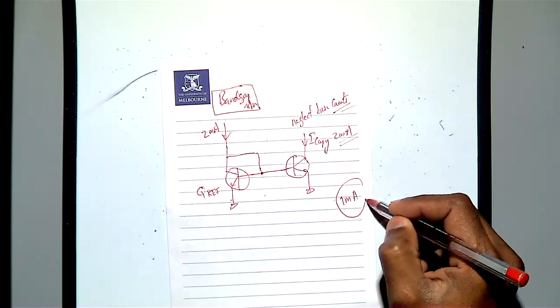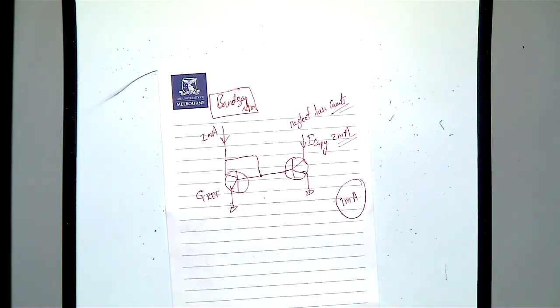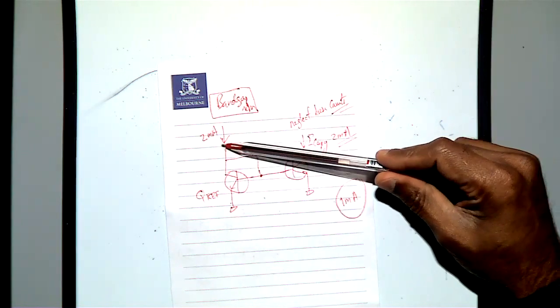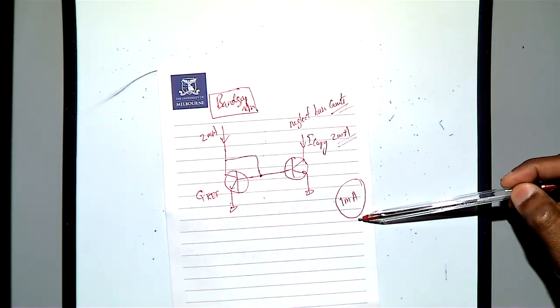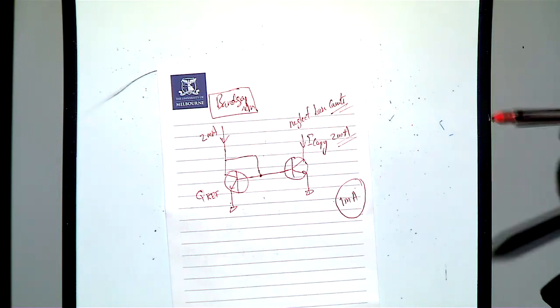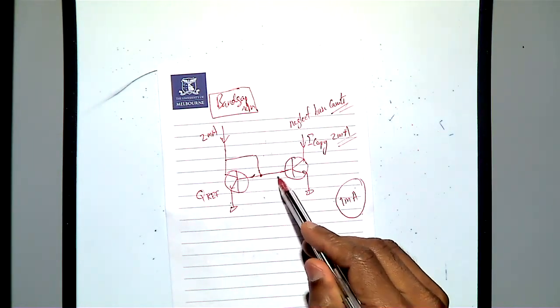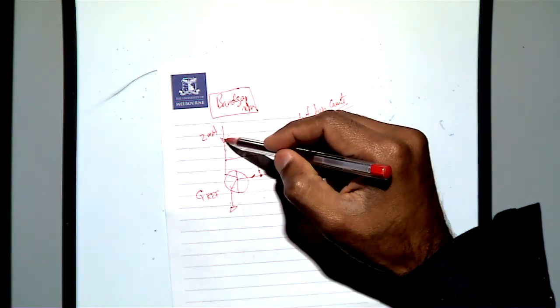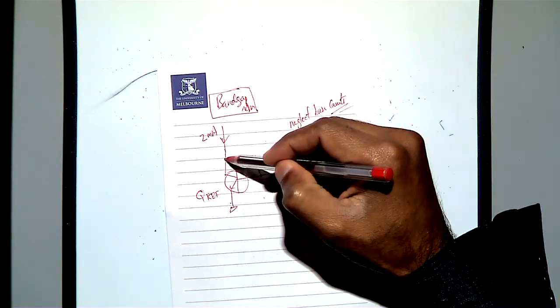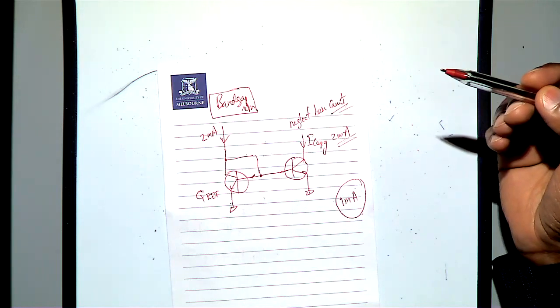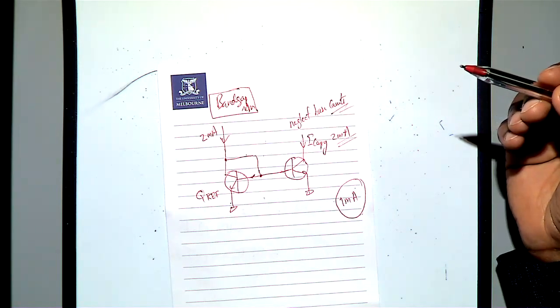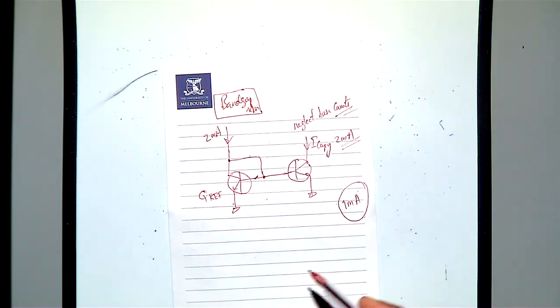I need to generate 1 milliamp, but the golden current here is 2 milliamps. Here I already said that this base current is neglected, meaning if your 2 milliamps is coming to this point, maybe before that I should ask you a question. So I am going to draw another transistor.